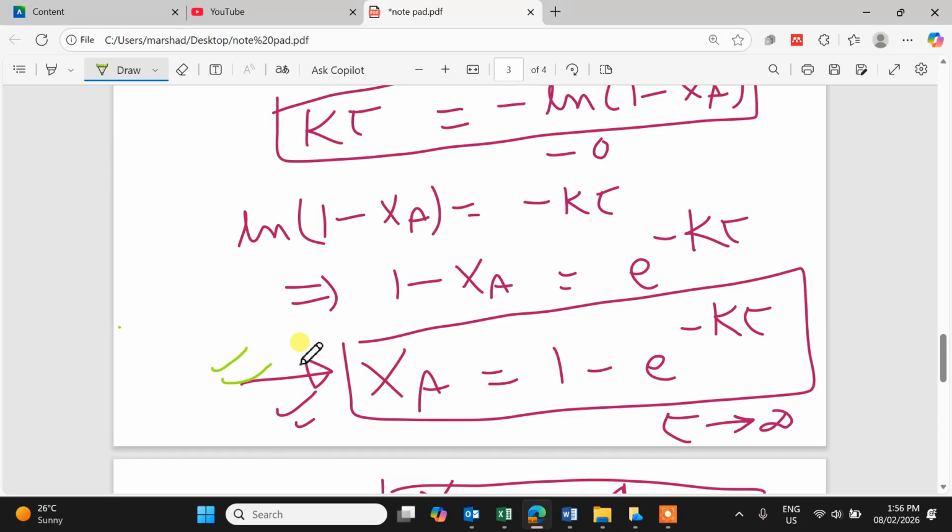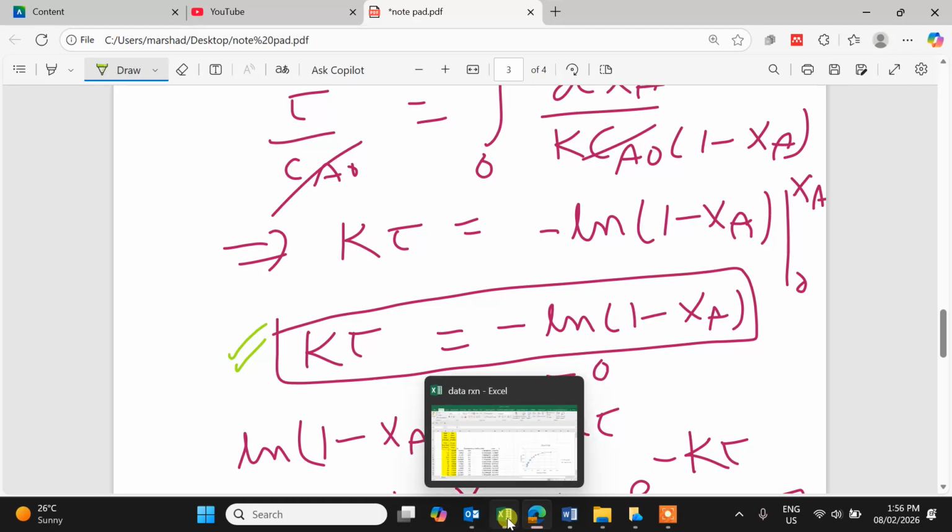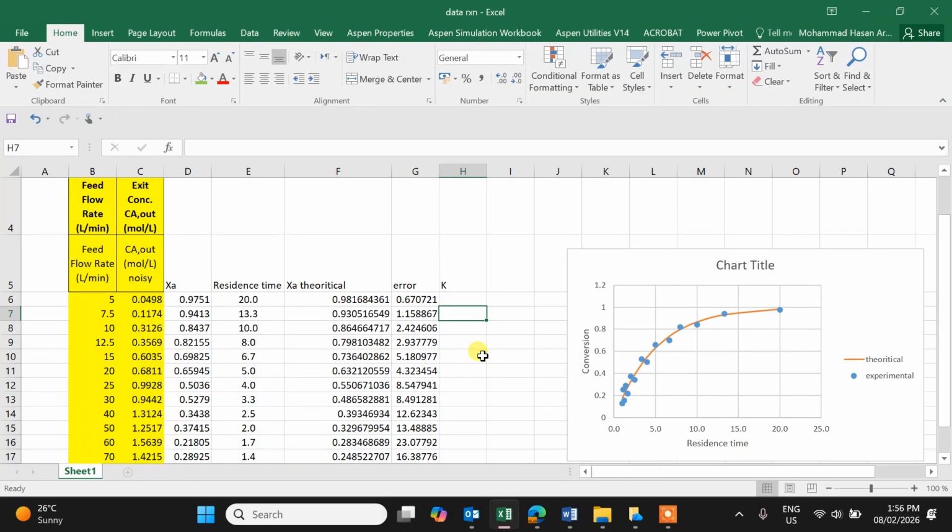We had this equation, right? So from here we can get the K. K is minus ln(1 minus Xa), this is experimental, divided by tau, residence time.